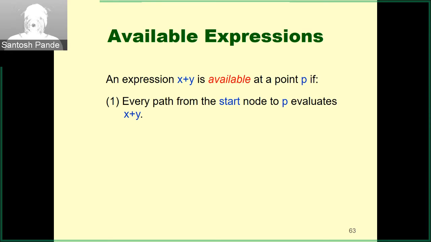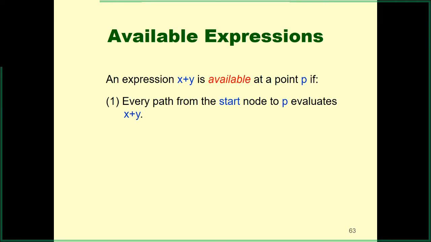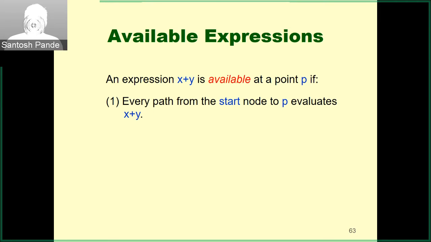What it really says in the very original form is that from the start node to program point P, we must evaluate x plus y. If there is some path along which it is not evaluated, then it is not available. That means we must encounter evaluation of this along all paths.